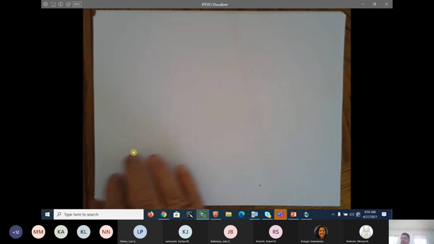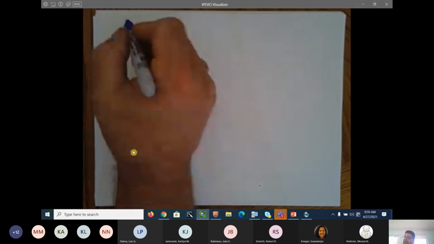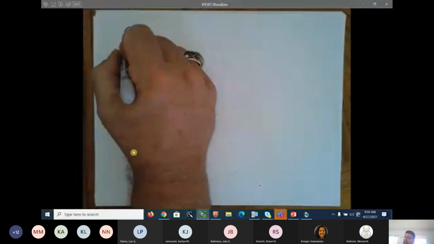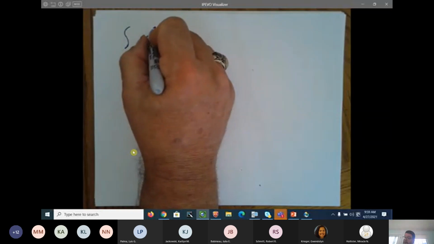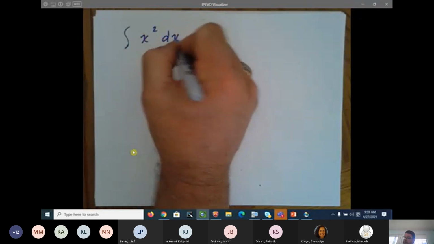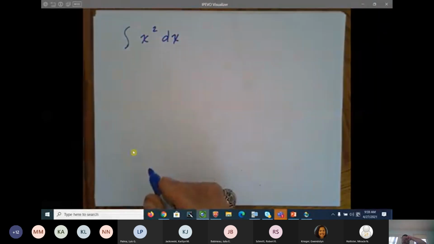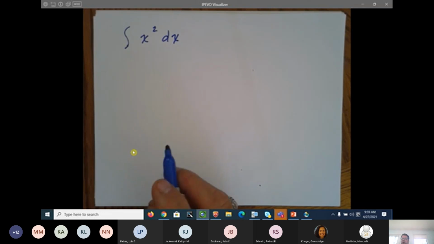So let's take a function like f of x is equal to, or find the antiderivative of x squared dx. And here is the basic power rule for the antiderivative. It is the opposite of the derivative. Here it is.